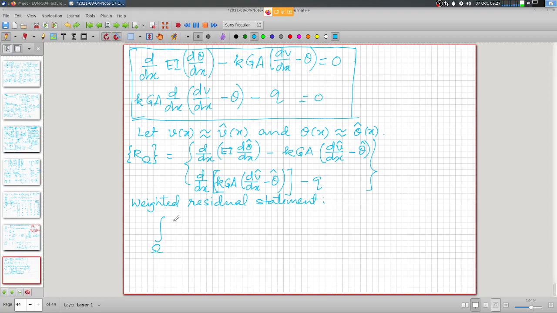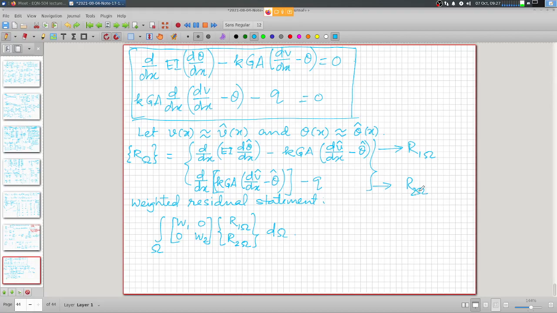It will be a domain integral multiplied by a diagonal matrix, R1 omega and R2 omega, d omega. So this term is what I am referring to as R1 omega. This second term is what I am referring to as R2 omega.